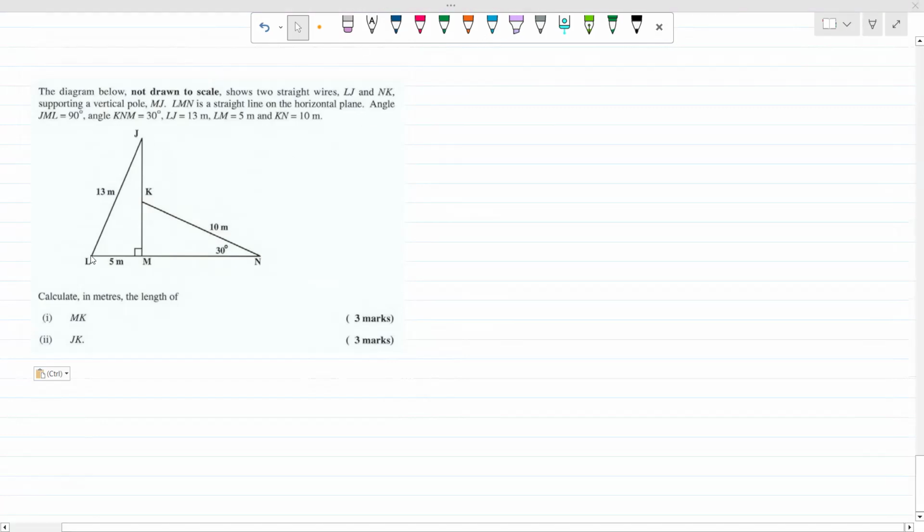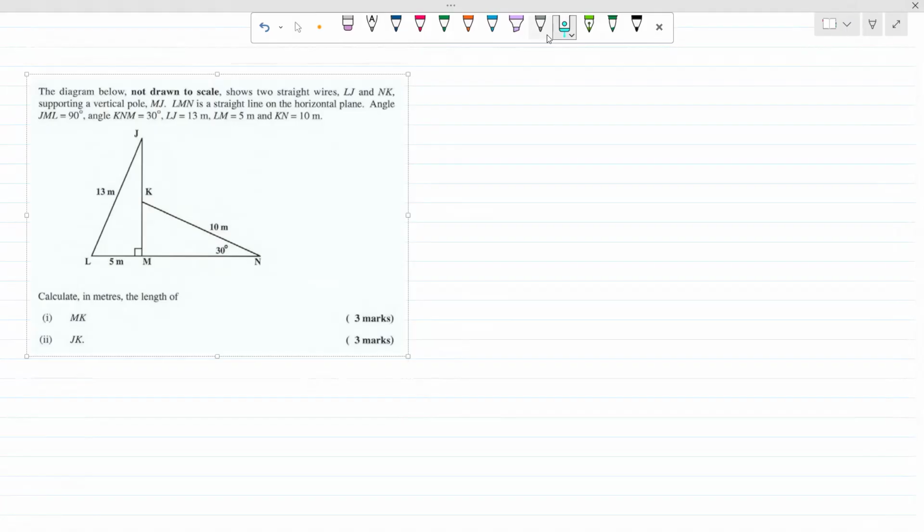So this is LJ here. That's LJ, and NK, two wires supporting a vertical pole, MJ. This is the pole here. So this is the pole, and these two wires are supporting the pole.